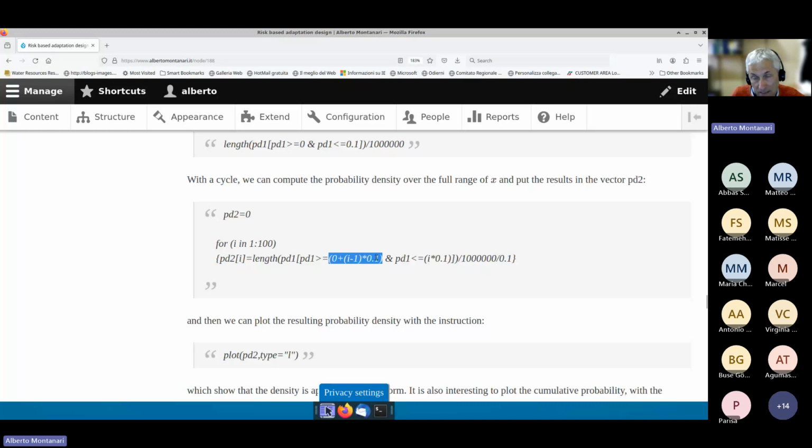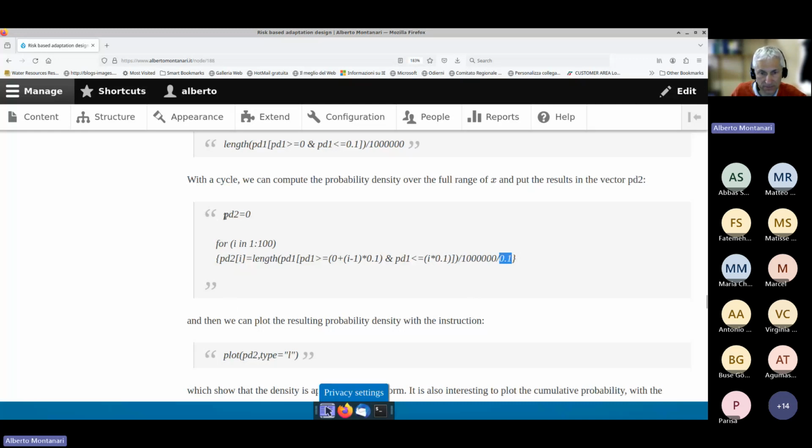So the interval starts at 9.9 and the interval finishes at I, 100, times 0.1, which is 10. So you're getting the last interval, okay? The frequency is divided by 1 million. This is perfect. And then divided by 0.1, okay?